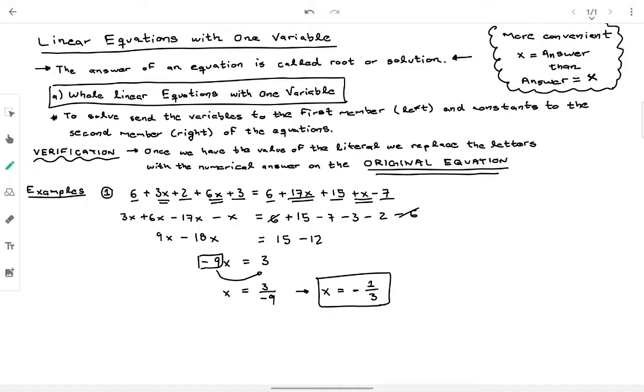Let's see how to verify. So remember the verification process. In the verification process, we need to use the original equation and use the value that we have on the answer.